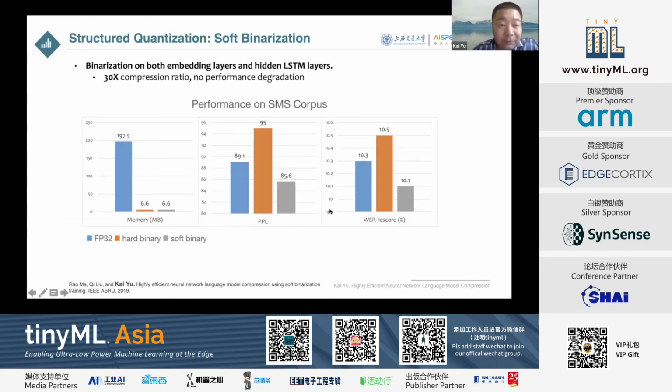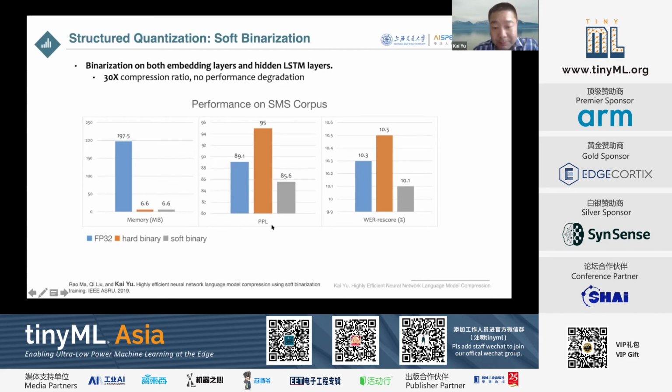So this is the performance of binarization on both embedding layers and hidden LSTM layers for language model training. The left figure is the memory size comparison: from the real number, almost 200 megabytes, reduced down to 6.6 megabytes.